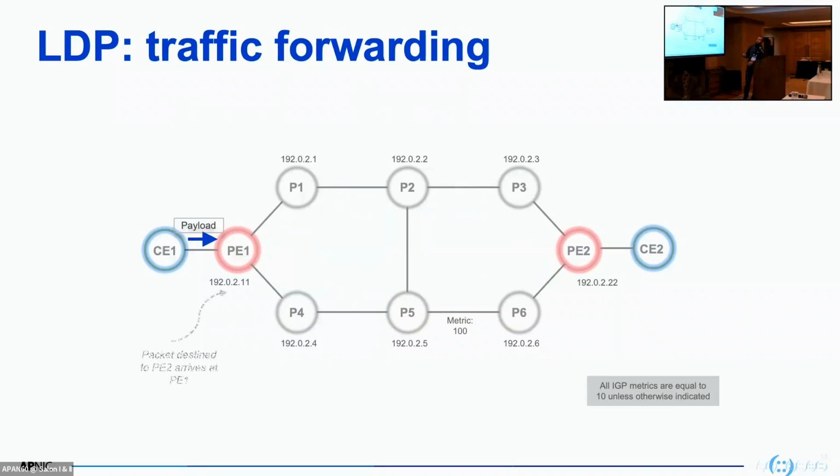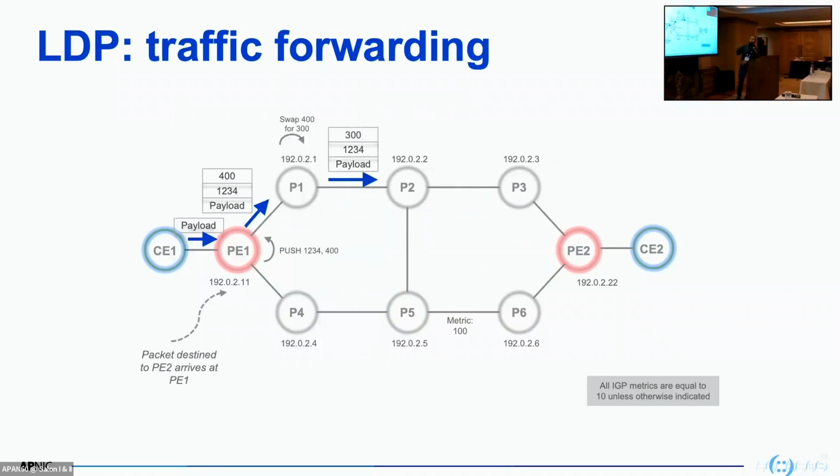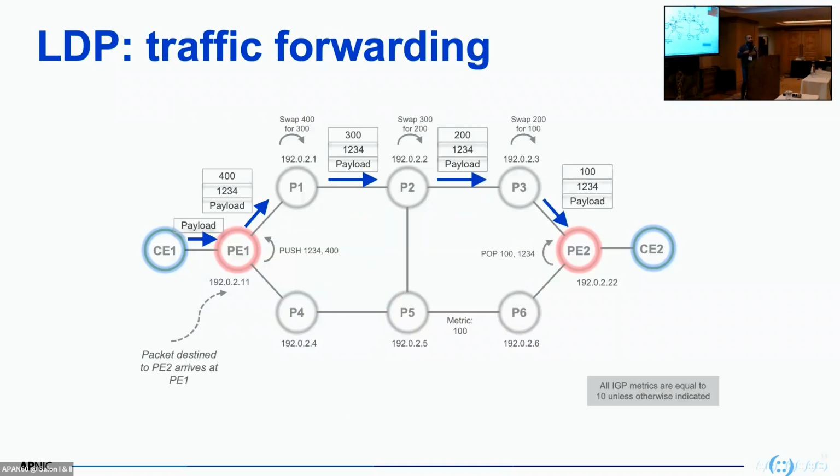So 300 is the top label. The top label will be swapped because the destination has not yet arrived. So the top label will be active until the destination is reached. When it comes here, it knows, oh, I'm the destination, so I have to look farther. It will look down and see, oh, this is my service label, and I know this label, I configured it.